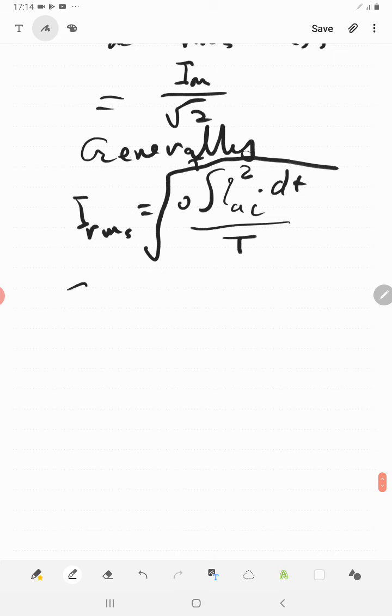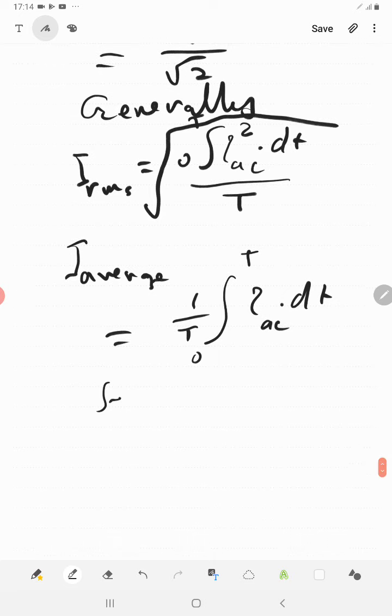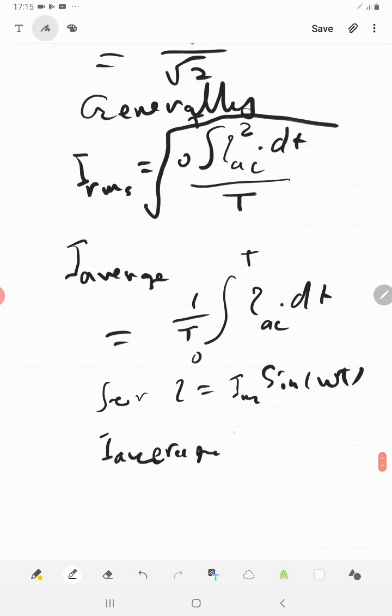Compared to the average, I average is equal to the integration from 0 to T of IAC dt, and we divide by T. For I equal to I maximum sine omega t, I average equals 0.